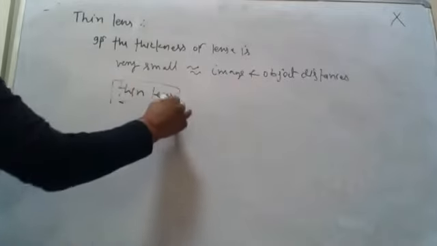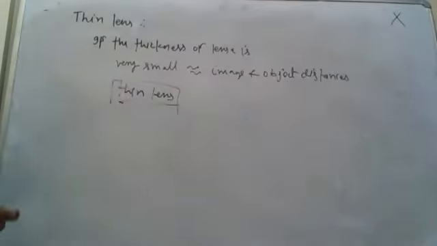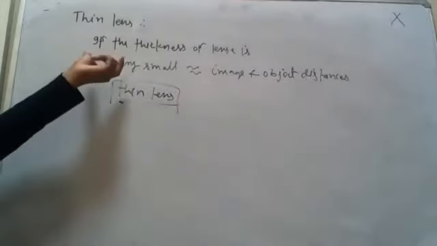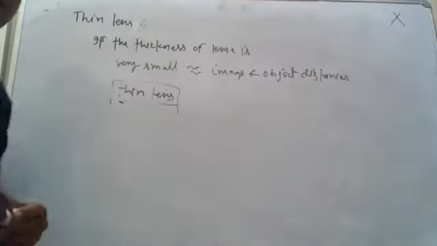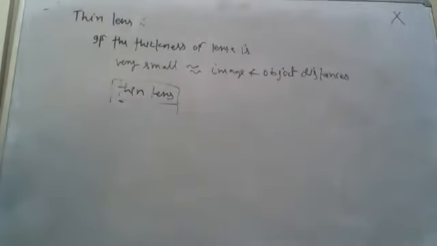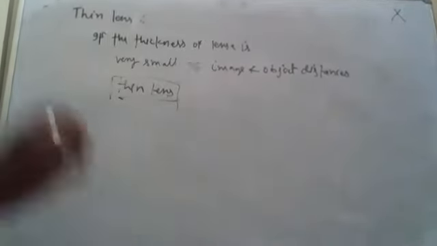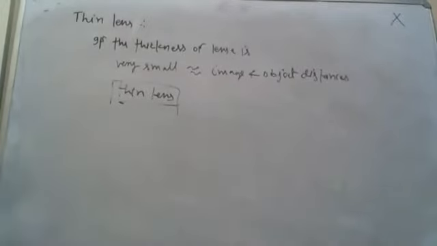This is the definition of the thin lens. But if the thickness of the lens is very large compared to the image and object distances, then those lenses are called thick lenses. So here we are discussing the thin lens, where the thickness is very small.